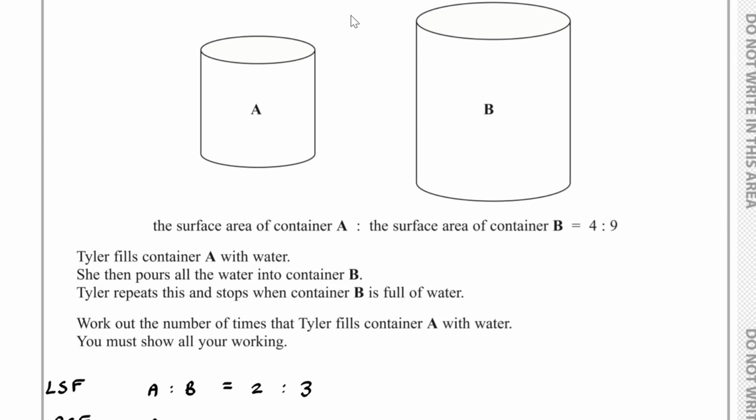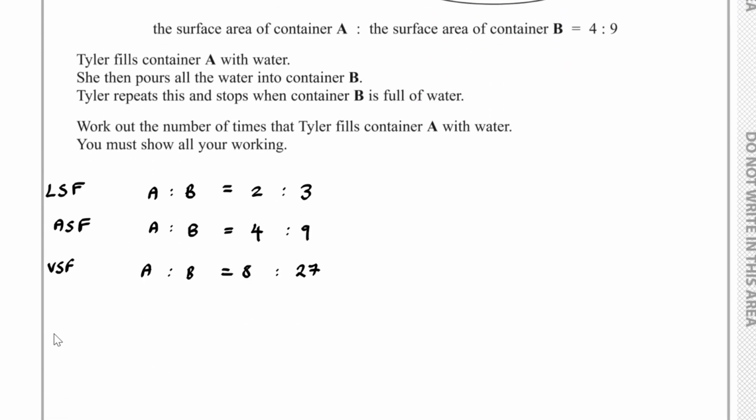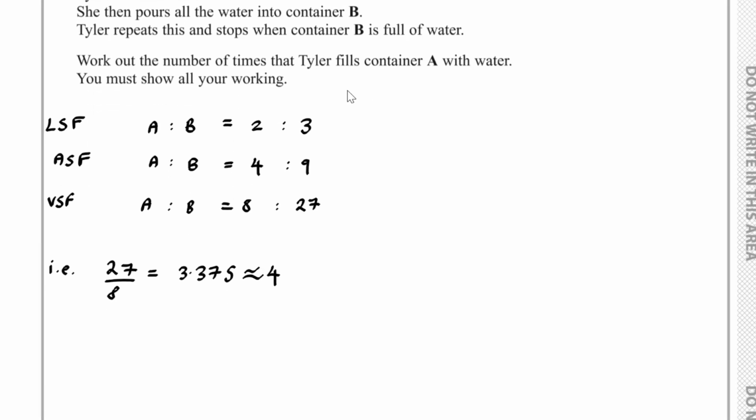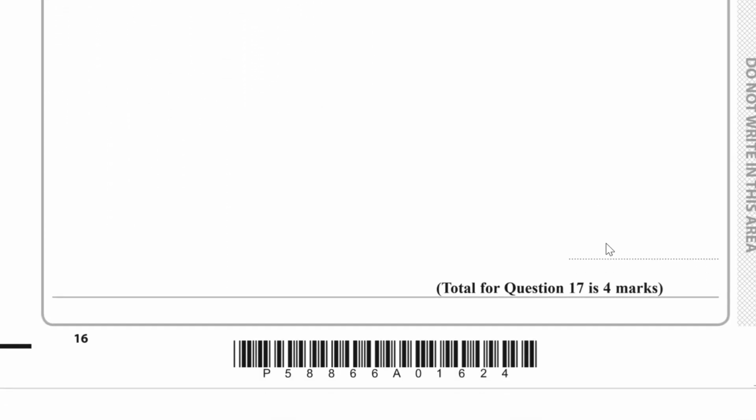So you can imagine, if we fill as necessary, we've got over here 1 lot of 8 litres, 2, 3, and there'll be a bit left over like so. Okay, so essentially we have 27 over 8, which is 3.375. So therefore, we would have to fill at least 4 times. Okay.